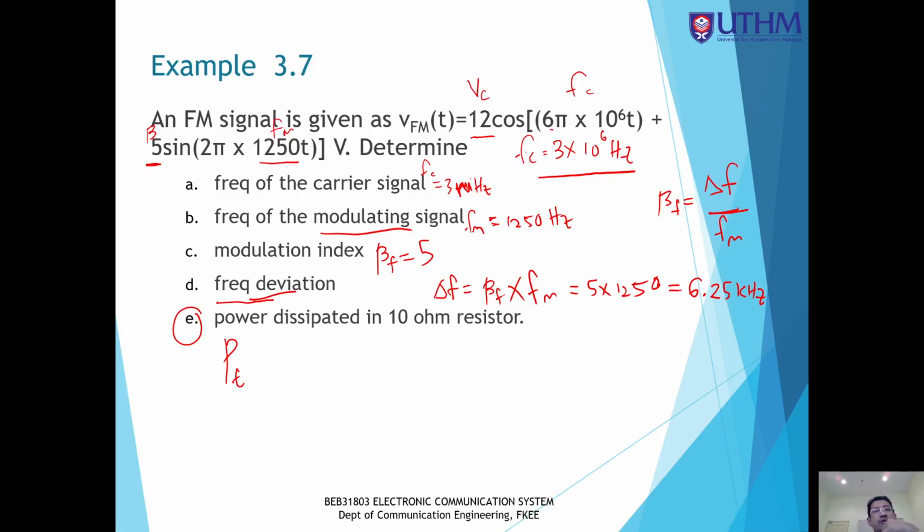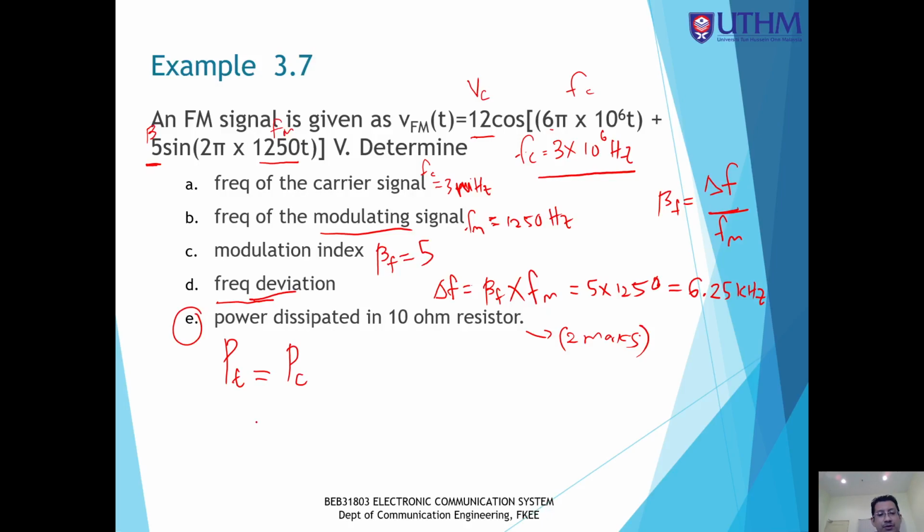This question does not specifically ask you to use a short equation or long equation. So in this case, assuming the marks given for this question is, for example, only 2 marks, then I will use the short equation, which is P total equal to PC.